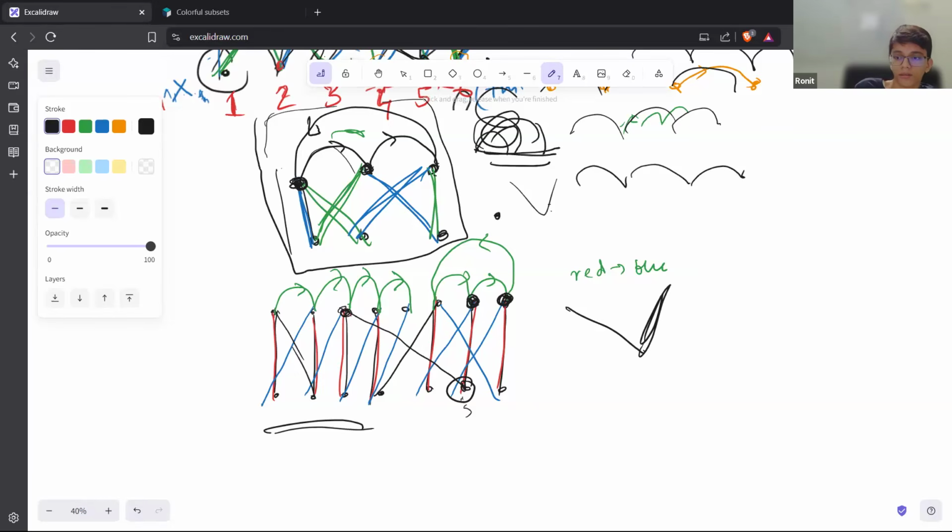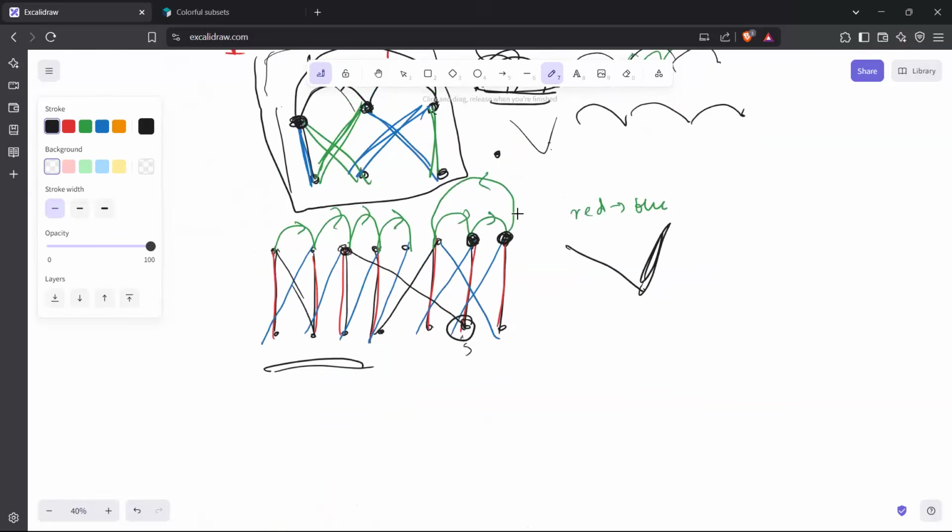Yeah, Nishant, if we color blue and black, if we switch the colors, we will have a coloring then? You are thinking about switching or matching, right?